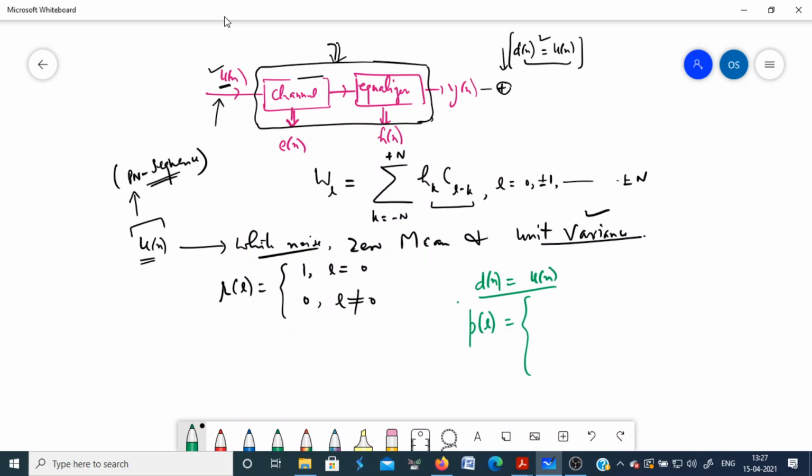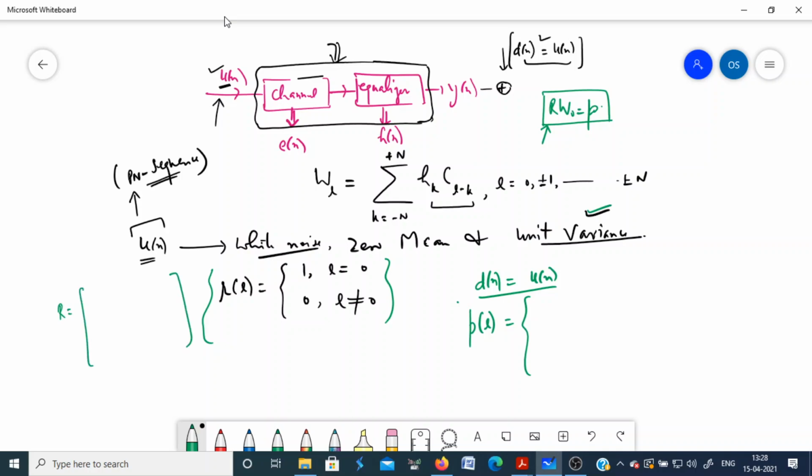You have to apply R W0 is equal to P. R is the autocorrelation matrix of the input sequence, and P is the correlation between the input and the desired response. Since we have assumed that the input is a white noise, its correlation matrix will be like this. At L equal to 0, its autocorrelation is 1, assuming unit variance, and for L not equal to 0, its correlation is 0.